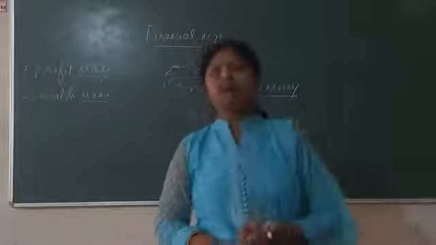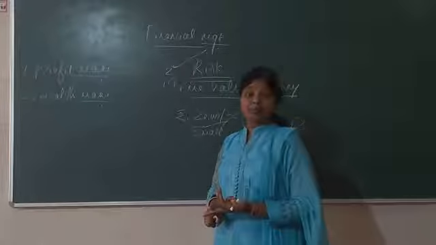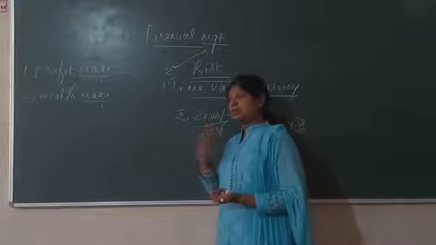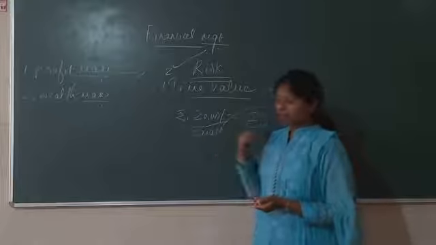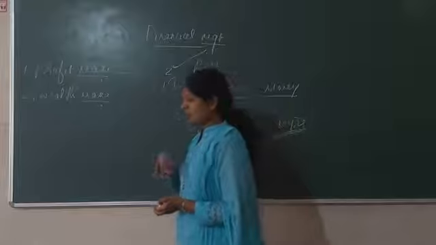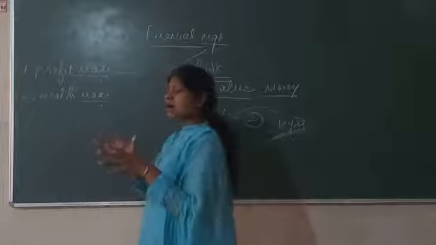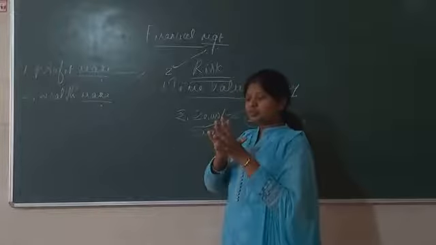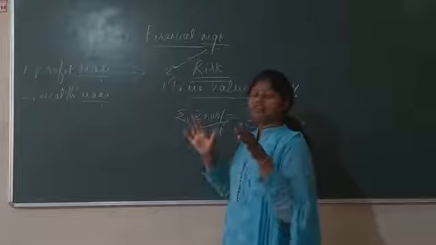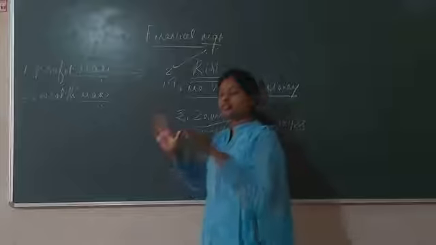Whether it is the net profit, the gross profit, profit before tax, profit after tax, before interest, after interest, or economic profit, we can't tell exactly which type of profit maximization it is.